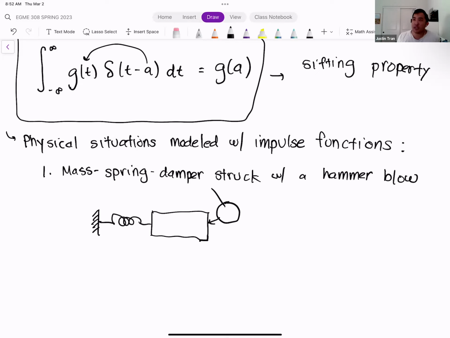The time that you apply the forcing is really small, but you strike it with such force that, even though it's in contact only for a short time, it still causes the mass to react. You can imagine punching a mass spring, and then it starts oscillating. That's the quintessential situation of what can be modeled with an impulse function.